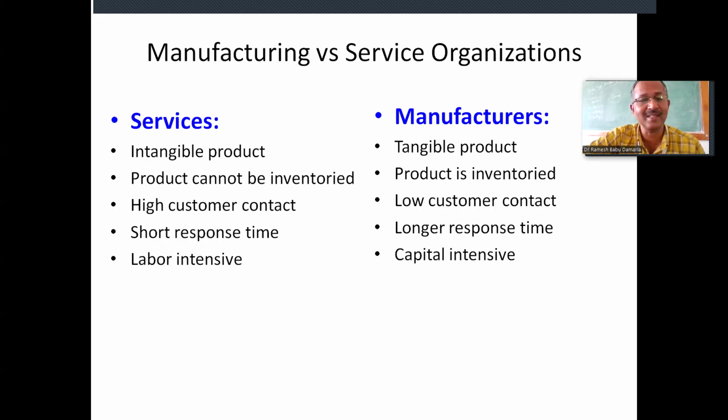Services are generally labor intensive. And manufacturing is capital intensive. Means for manufacturing, you require a lot of infrastructure, machinery. So in case of services, skilled people are required. To develop a software product, expert software engineers are required. Business analysts required. Data analysts required. Data scientists required.